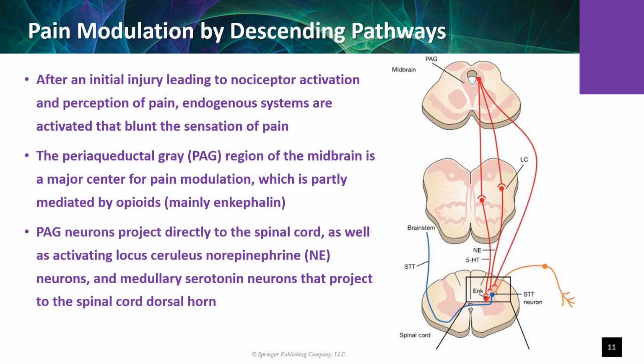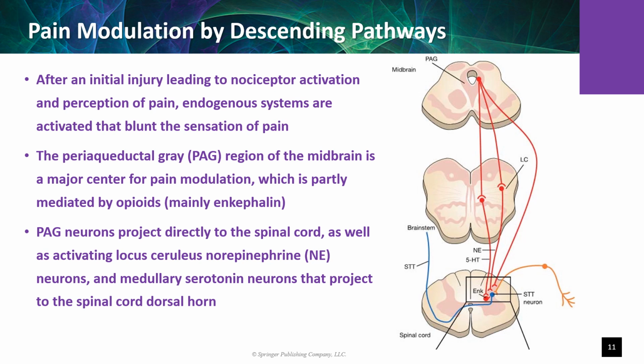The descending pain modulating pathway can regulate the transmission of pain signals to higher brain regions. The key brainstem region that produces the descending inhibition is the PAG. Neurons in the PAG project to the medulla and specifically target neurons containing norepinephrine or serotonin, which then project to the spinal cord to modulate pain transmission.